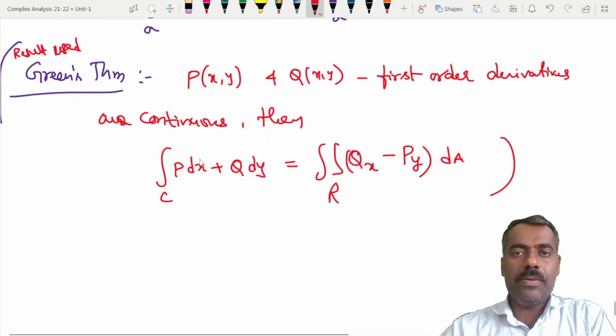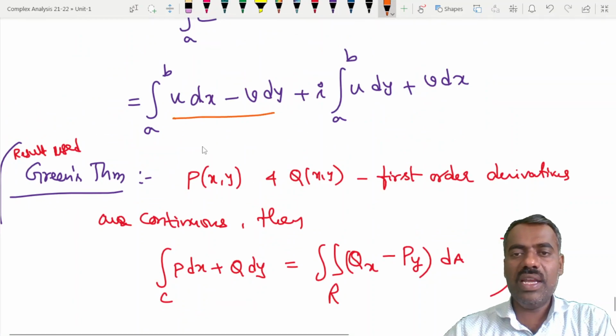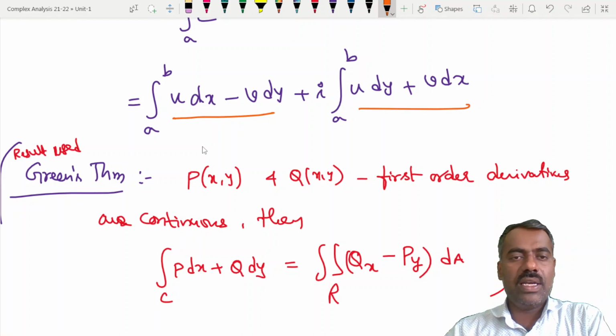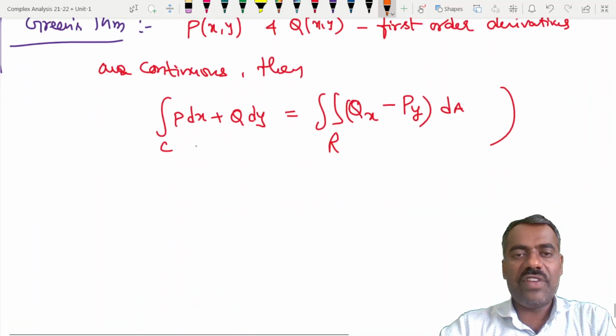Now we will apply Green's theorem two times, once here and another time here, for this u and v.